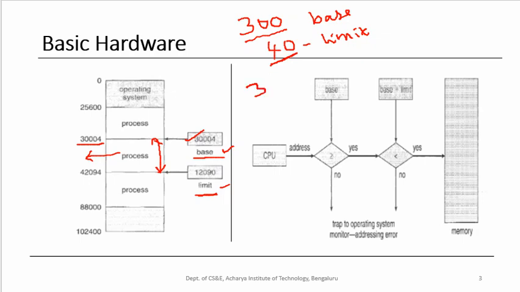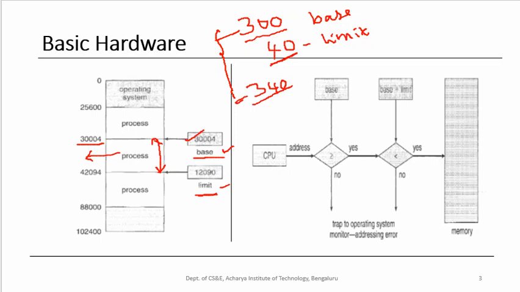The ending address is whatever is there in the limit register plus whatever is there in the base register. So both are added, you get the ending address. So starting address of the process is 300 and the ending address of the process is 340, and this becomes the address space of that particular process.